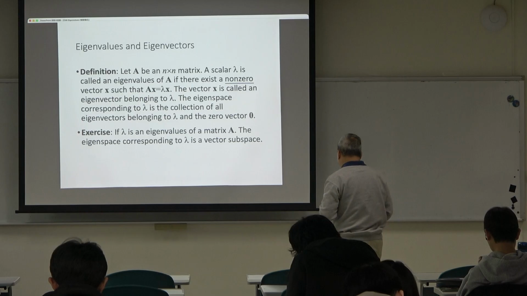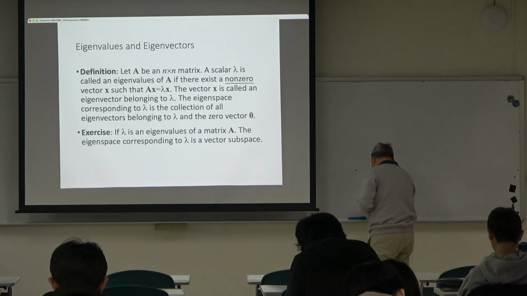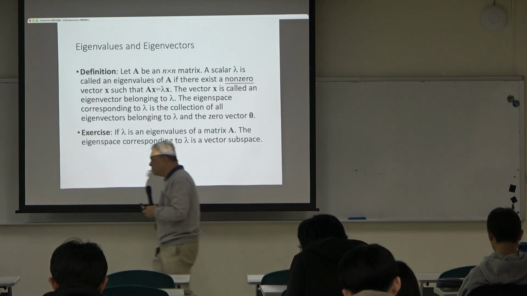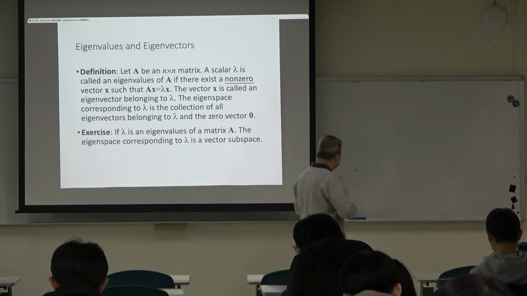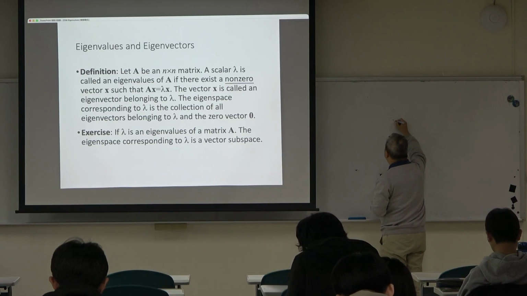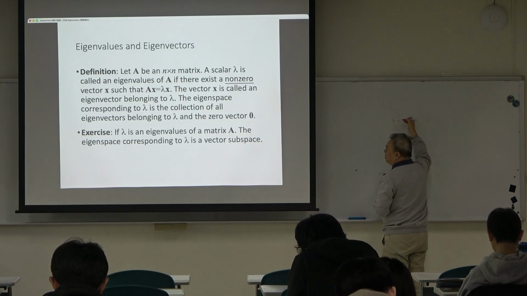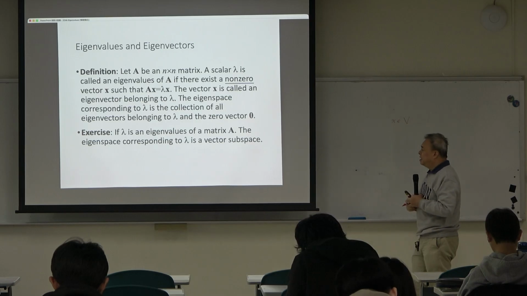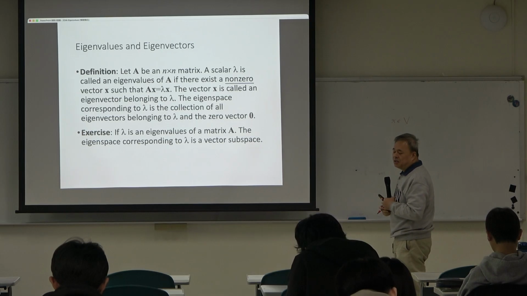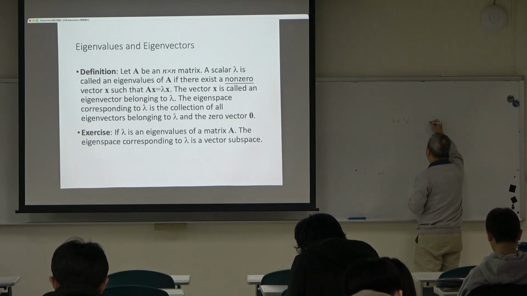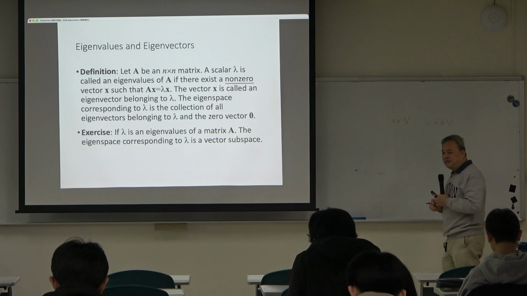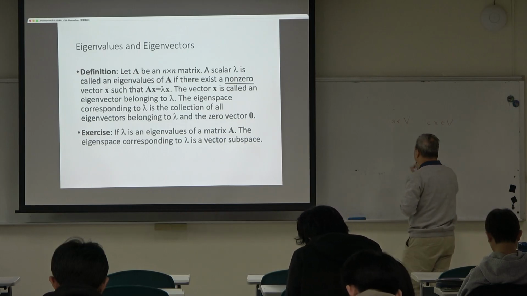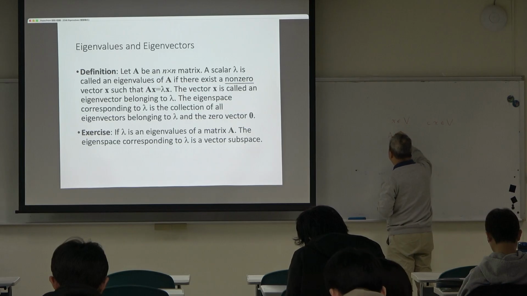And then, let's call this eigenspace B. If x is in B, we can show that a constant times x is also in B. This is easy. x in B means Ax equals lambda x.